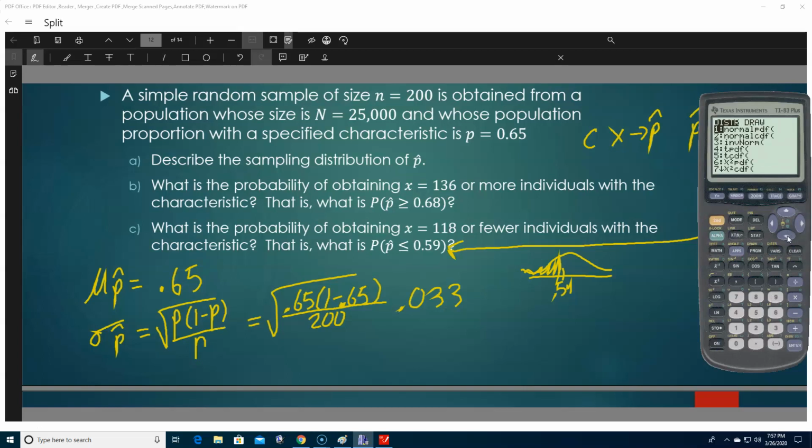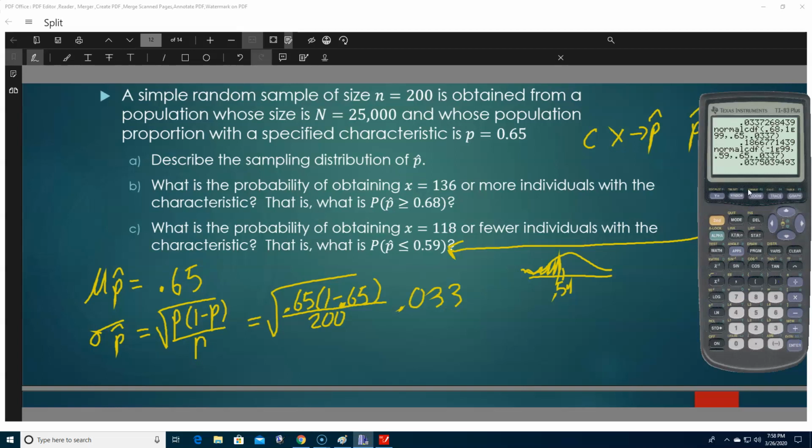Second, vars, normal CDF, negative 1E99, 0.59. That's our upper bound number. Our average, 0.65. Our standard deviation, 0.0337.